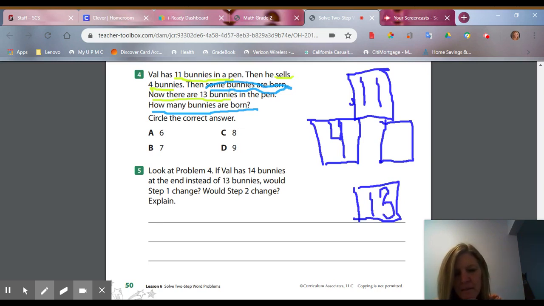Well, what do you think? Well, if he had 11 and he sold 4, that means he had 7 left after he sold those 4.